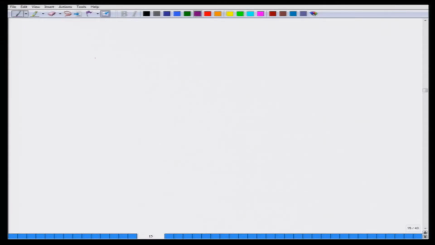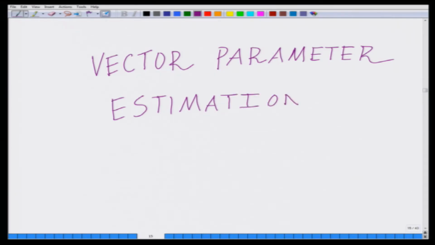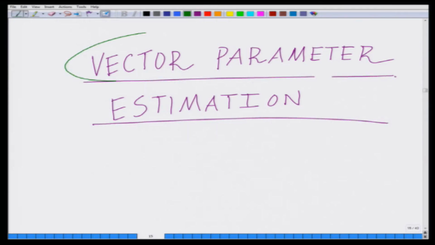What we are going to start from today is basically to develop a framework for vector parameter estimation, and in fact the key word here is vector.